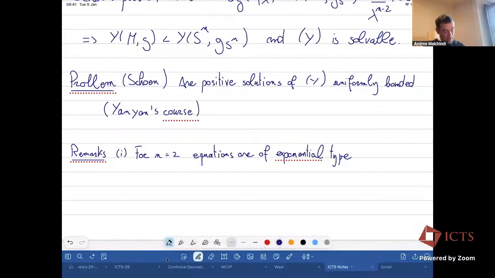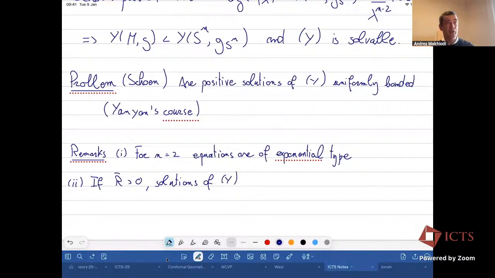And the other remark is that I stated the uniqueness of solutions when the first eigenvalue, when the curvature is negative, so when lambda 1 of Lg is negative. The other remark is that instead, if R bar is positive, solutions of the Yamabe equation may not be unique.